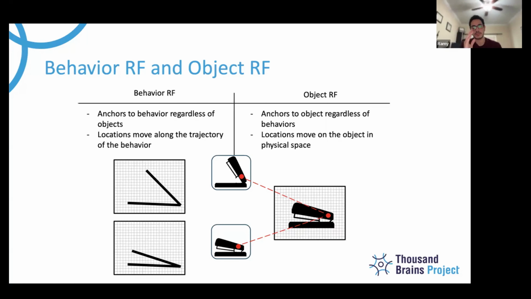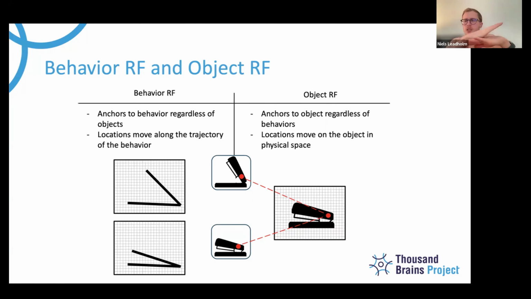It's an open stapler or a closed stapler. You can make predictions using the associative connections between the behavior reference frame and the object reference frame. It's like a superposition of these two codes or whatever that gives you a full view of what's happening.